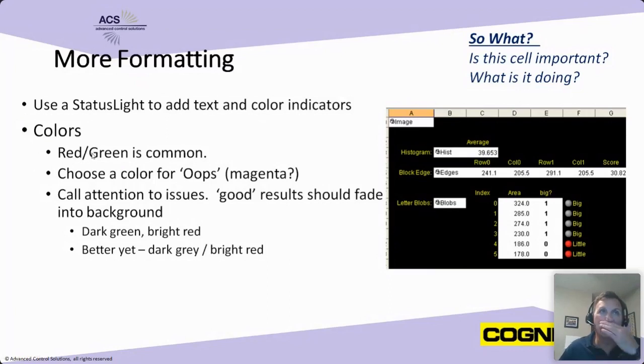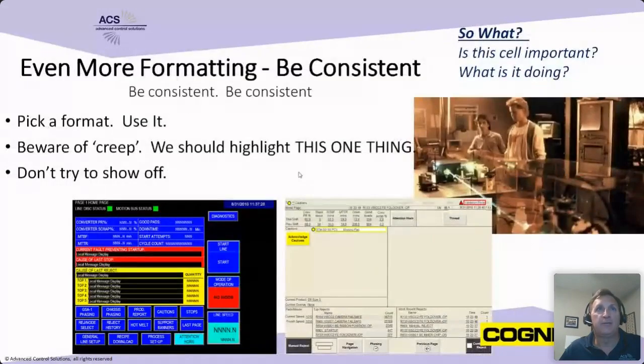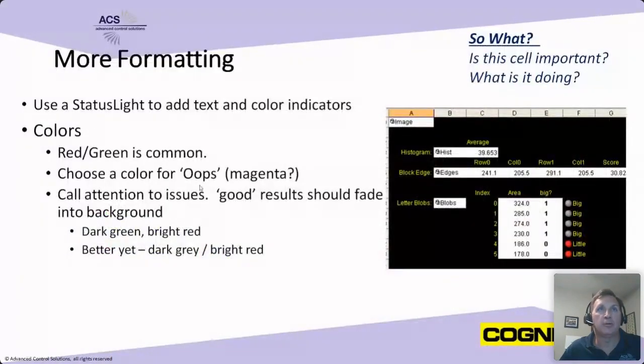That's kind of used everywhere, and yellow is abnormal. Choose a color that means something is wrong, an oops color. For me, that's magenta. I don't know why. And then you choose a color on your screen graphics that is what you would call dead text.